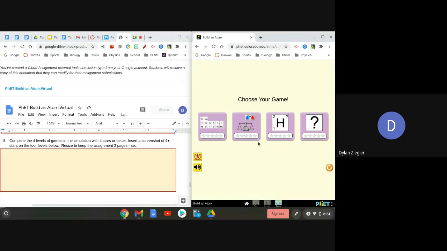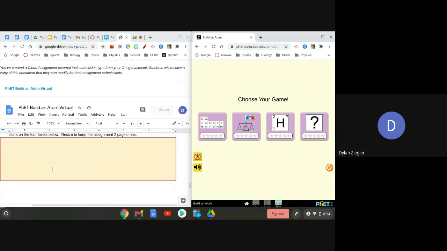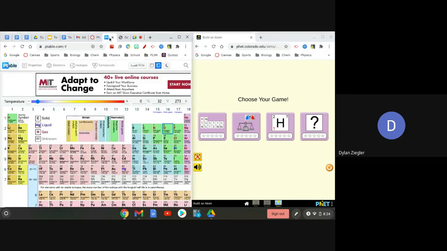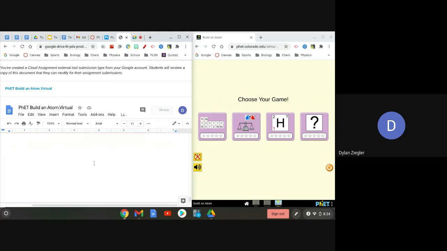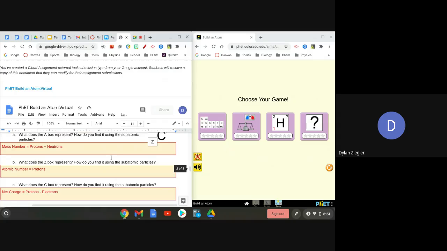Then if you come back later, you can add a second screenshot of the other levels. You can use a periodic table to help you with these. I think a periodic table shows up when you play the game. But I'm going to give you the rest of the time here. We've got 6 minutes to complete that.